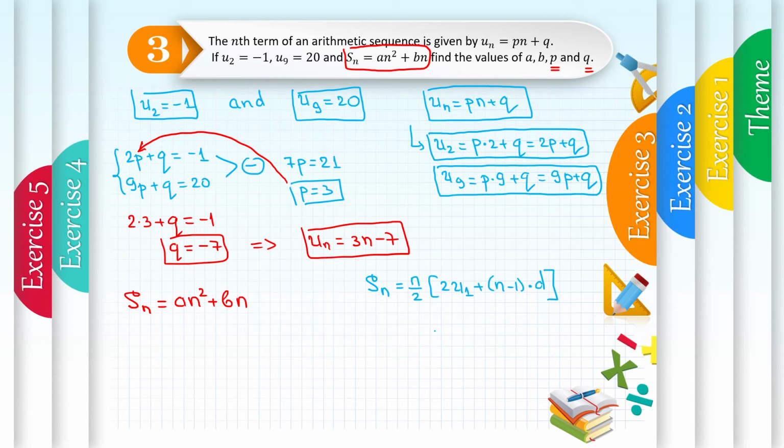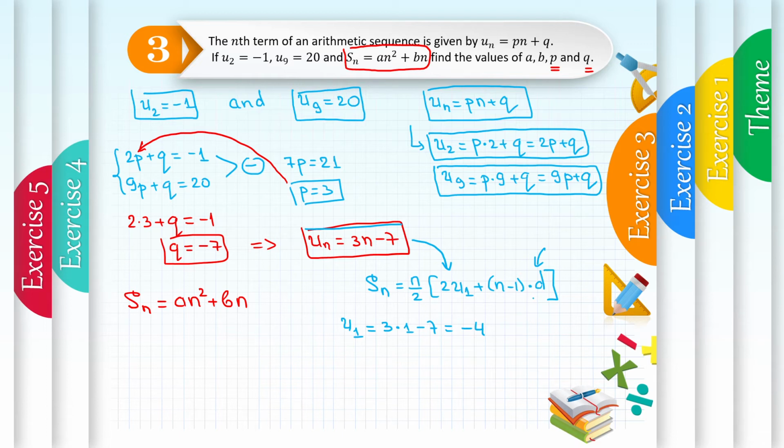And now let's use the fact that u sub n has the formula 3n minus 7 and deduce the formula for s sub n. For this, we will find u sub 1, which gives us 3 multiplied by 1 minus 7, which is minus 4.